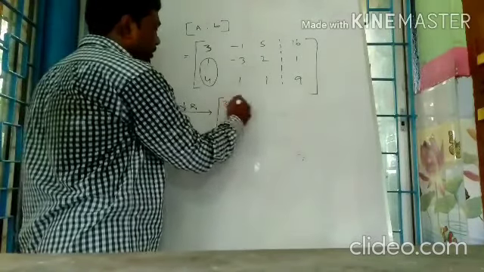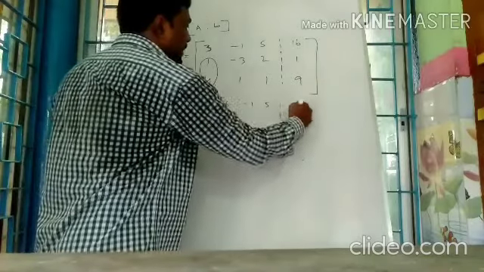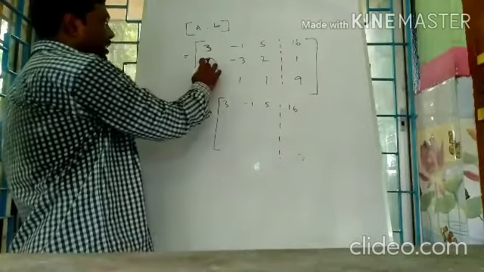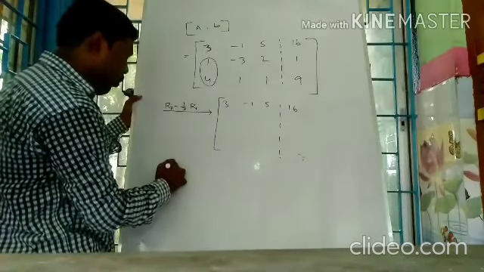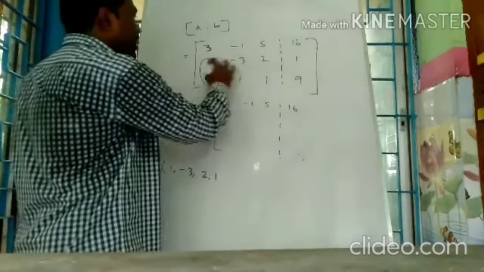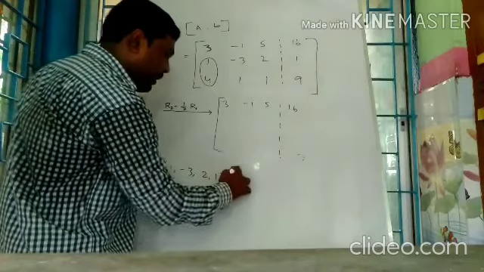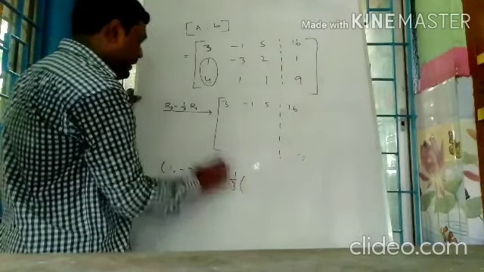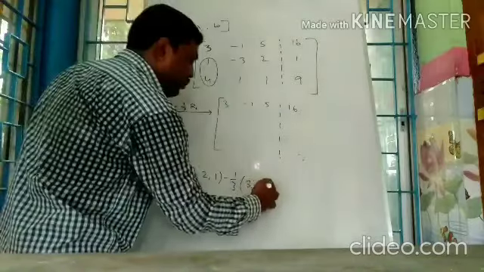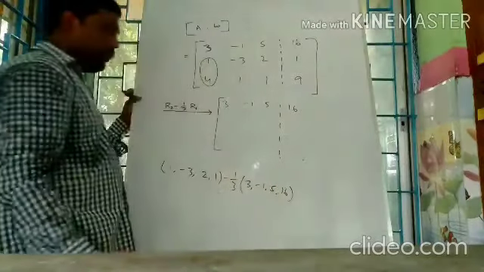So the first row is the same, that is 3, minus 1, 5, 16. Next R2 minus 1 by 3 R1. R2 is 1, minus 3, 2, 1. R1 is 3, minus 1, 5, 16.